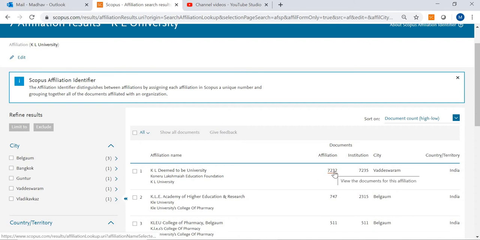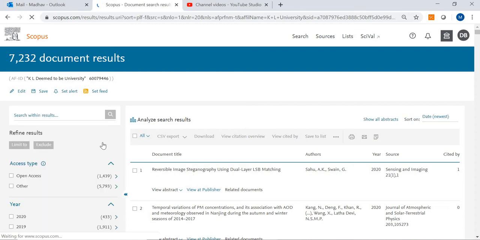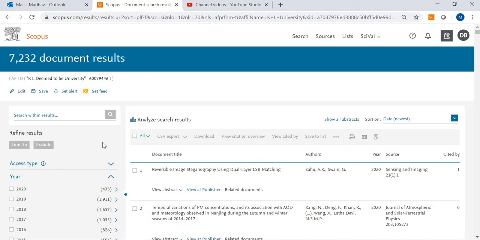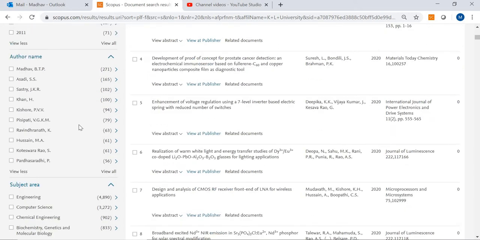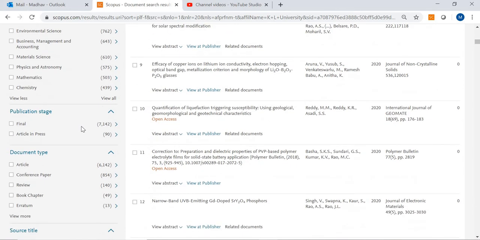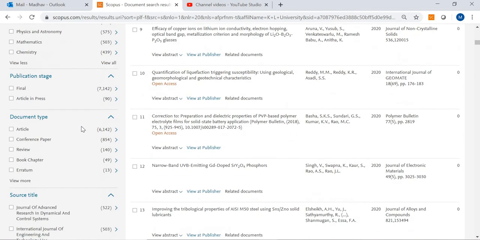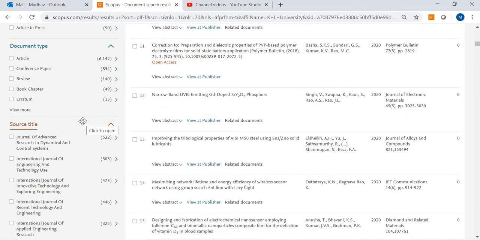If this institute has produced 7232 publications, then from which journals were those 7232 publications produced, how many are open access, how many are from other sources, how many papers were produced in 2018, 2019, 2020, year-wise statistics, as well as who produced more articles and in which area those articles are published, and what type those publications are, articles or conference papers or book chapters or reviews, and which journal most publications came out from.